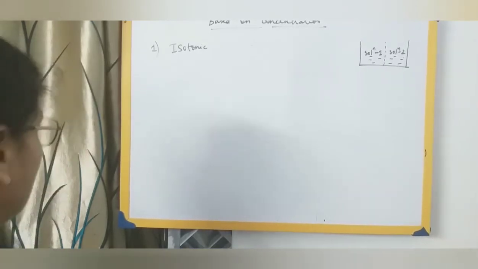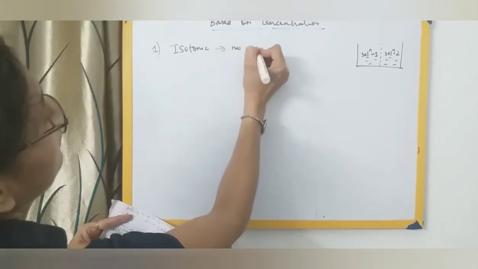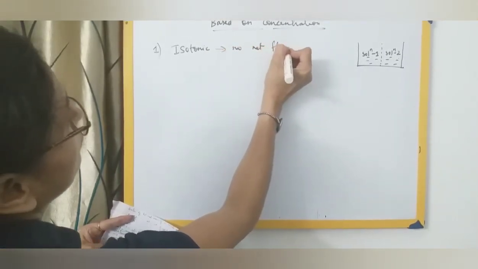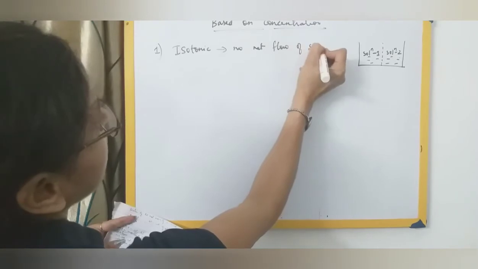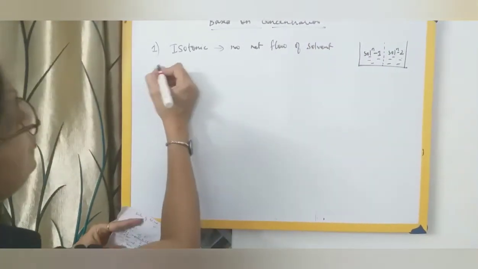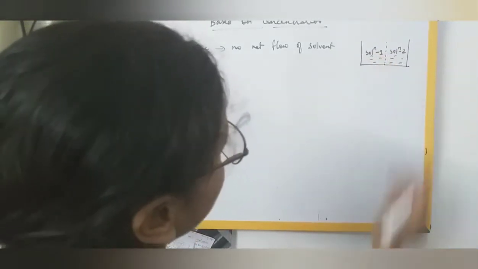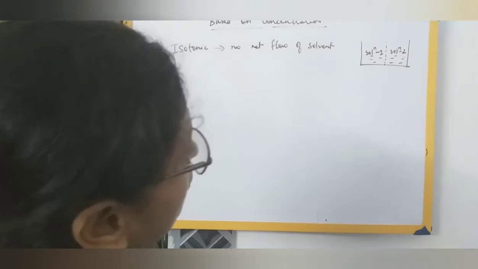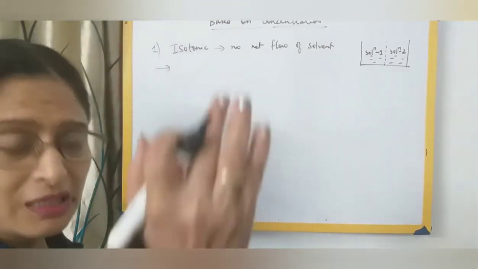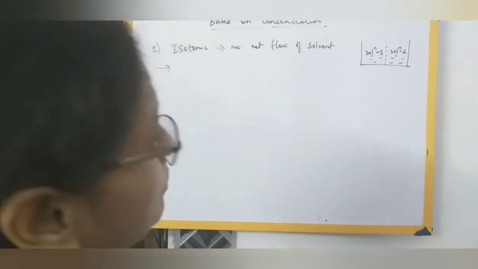So that means what? There is no net flow of solvent on either side. At the same time, the osmotic pressure is same. Why is there no net flow of the solvent? Because it is the osmotic pressure which makes the solvent move from one side to the other side when they have been separated by the semi-permeable membrane.